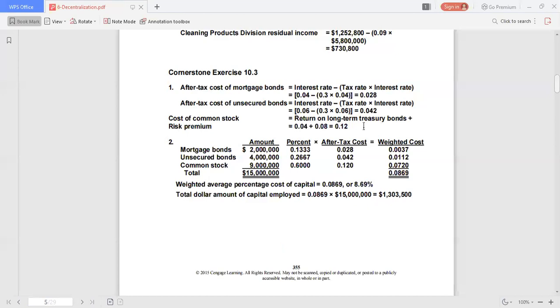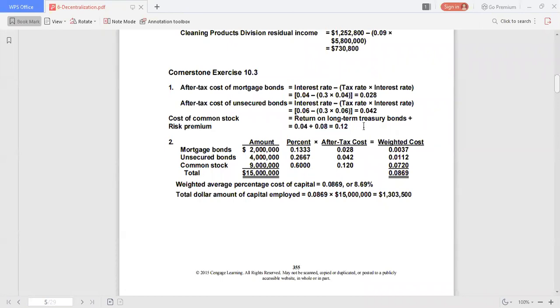Three sources of financing were used by the company: 2 million of mortgage bonds at 4% interest, 4 million of unsecured bonds paying 6% interest, and 9 million in common stock, which was considered to be relatively risky with a risk premium of 8%.